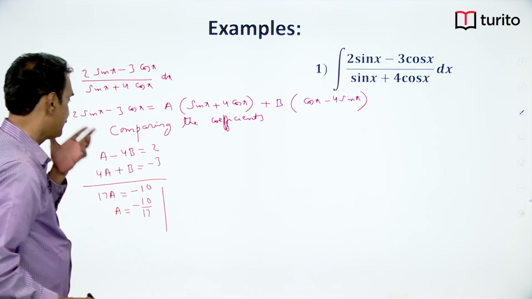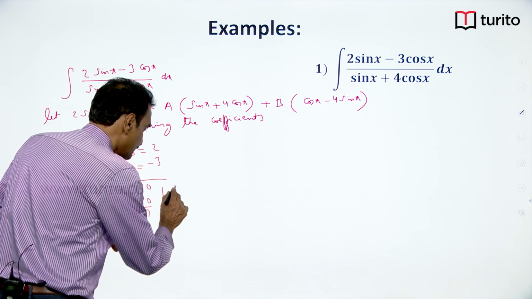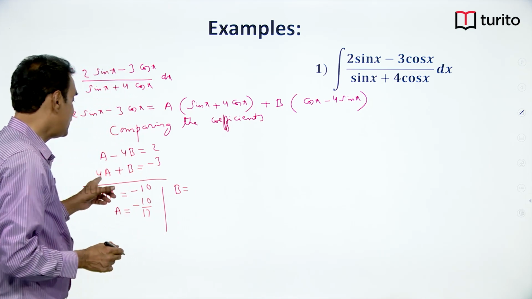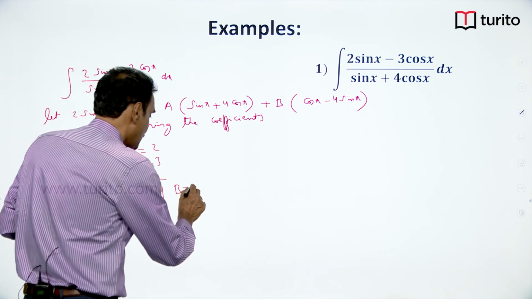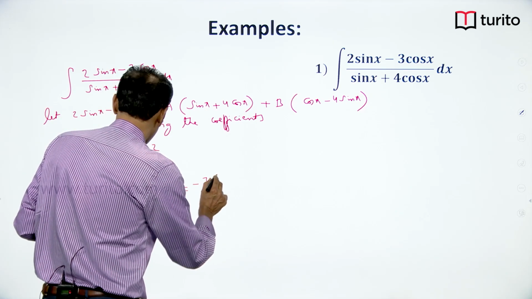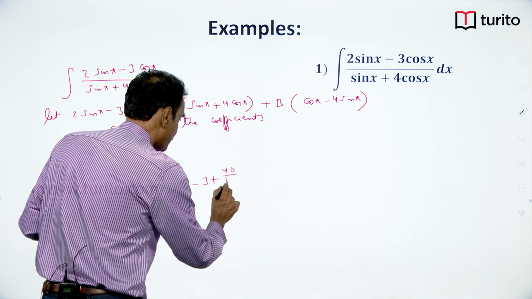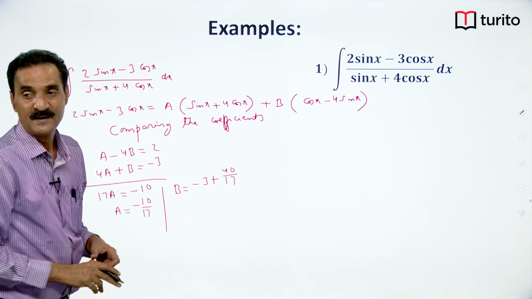And how to find b? b is minus 3 minus 4a. Minus 3 minus 4a is plus 40 by 17.